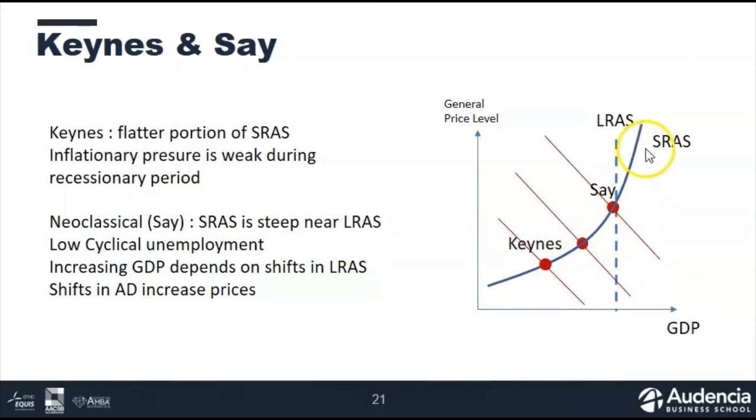And the long-run aggregate supply, which is here, is close to or approximated by this vertical part of the short-run aggregate supply. This is the neoclassical or supply side, which is saying that if we push demand up, we'll just push inflation up. We've hit our limit. We can't go beyond. Supply is controlling.